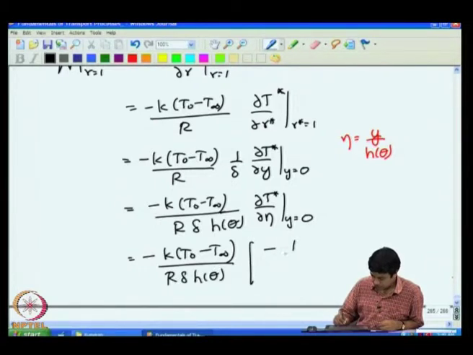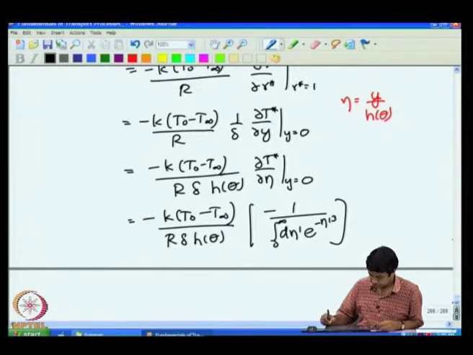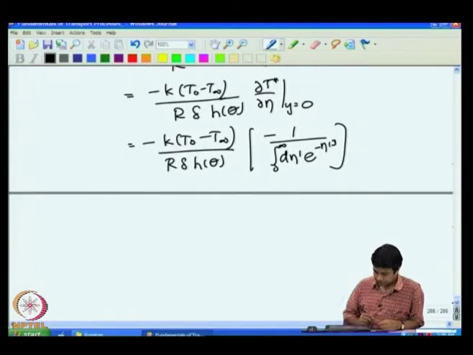To minus 1 by... So, this is the final expression for the heat flux from the surface.